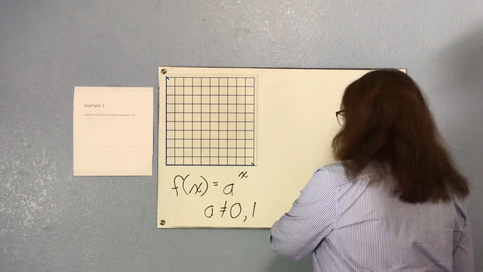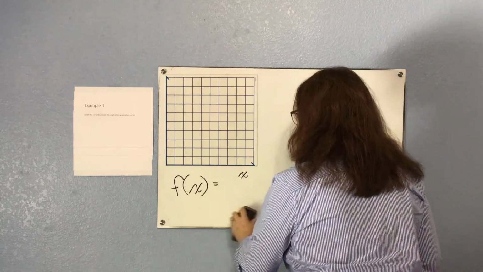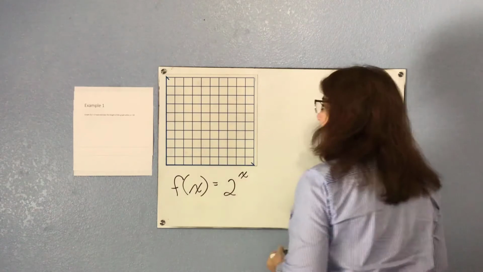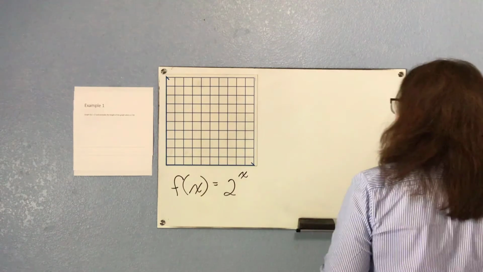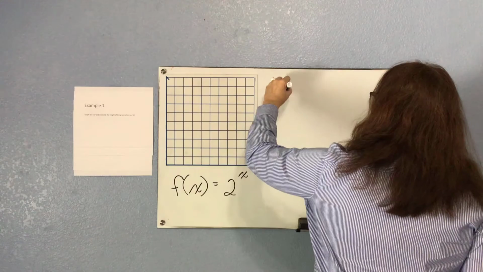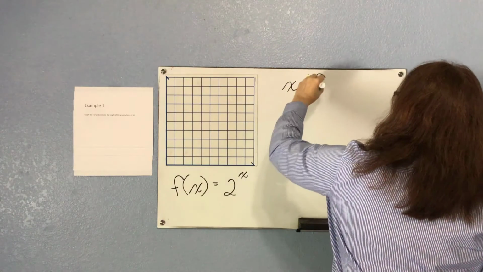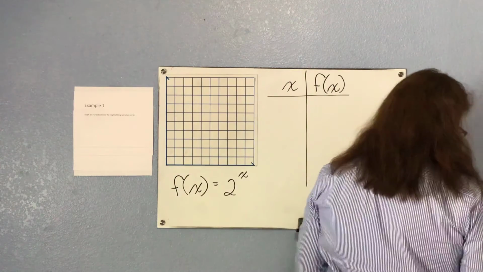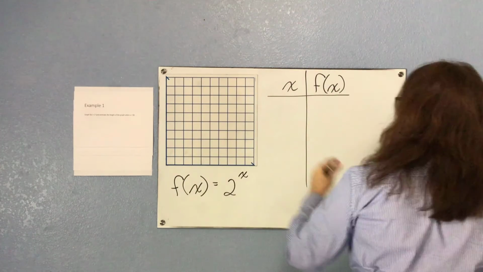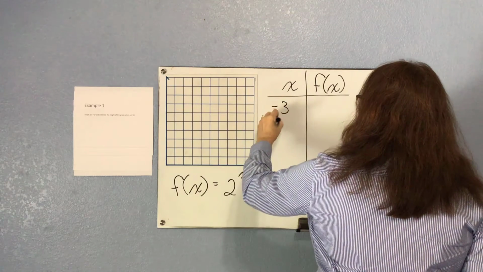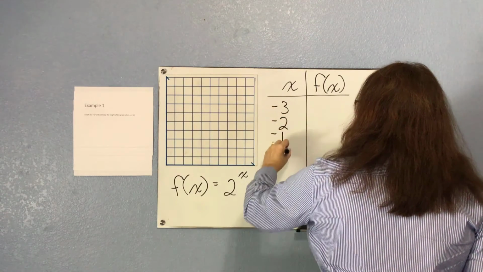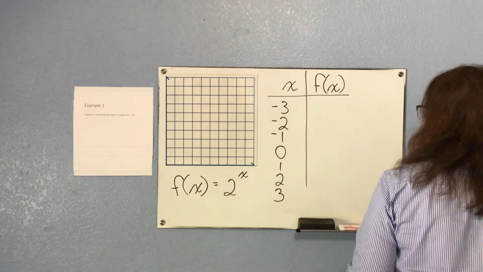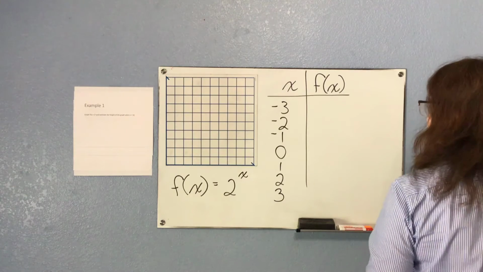So let's look now at f of x equals 2 to the x. I'm going to start by making a table of values. And as we've done before, I'll start with -3, and go on up to +3.